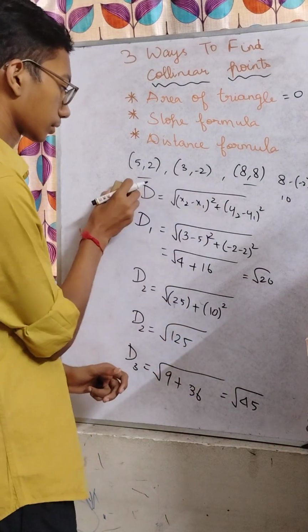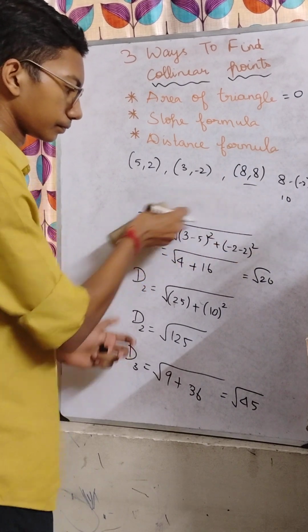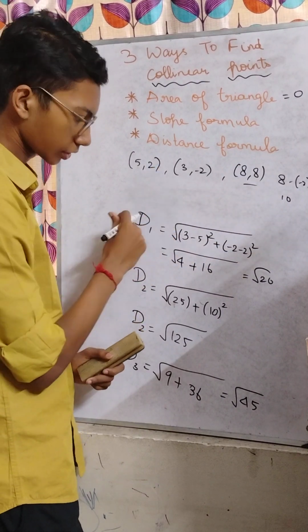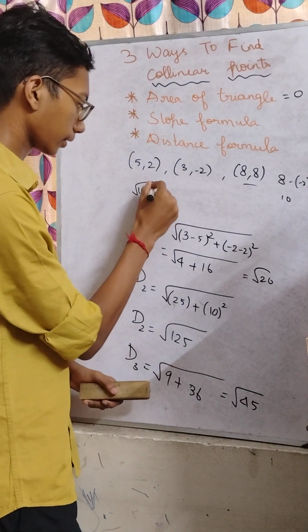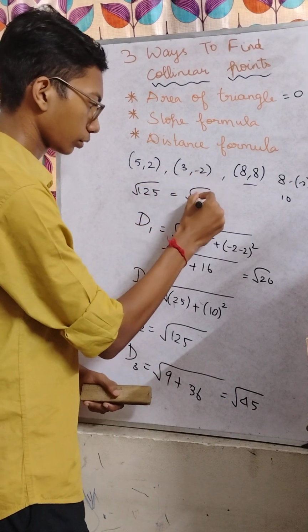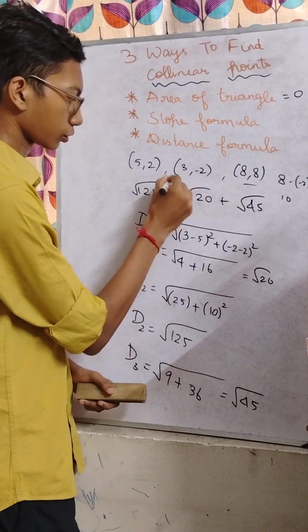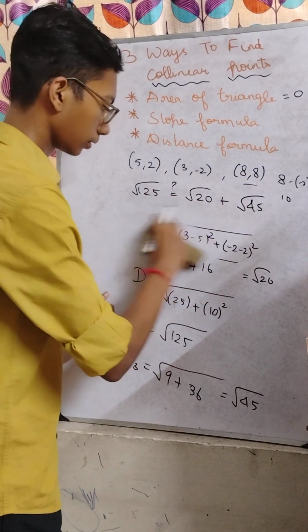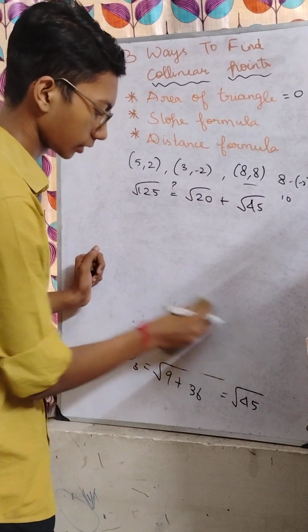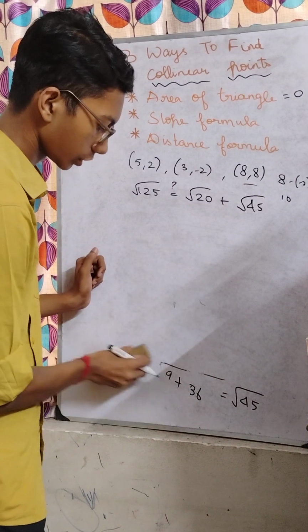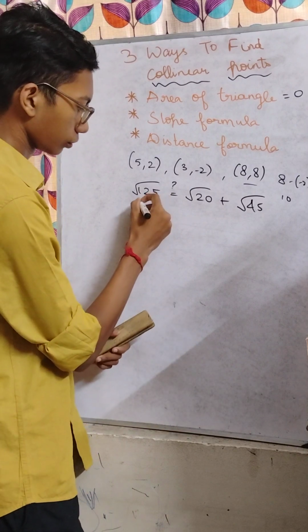Now the next thing is, the maximum distance here is root 125. This must be equal to root 20 plus root 45, but we are not sure if that will be equal. Of course we can just take the square roots, but the square roots will be in decimals, so we will use a method.